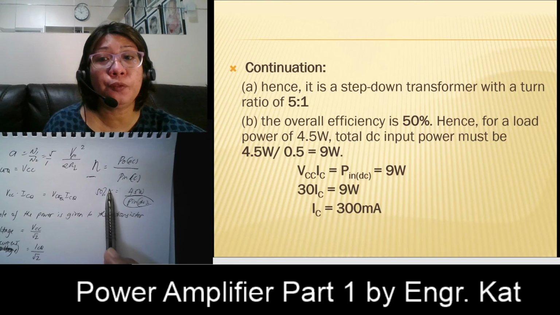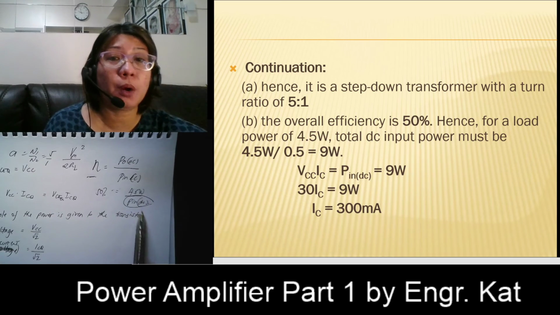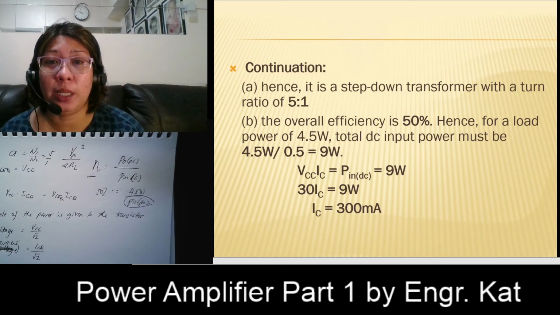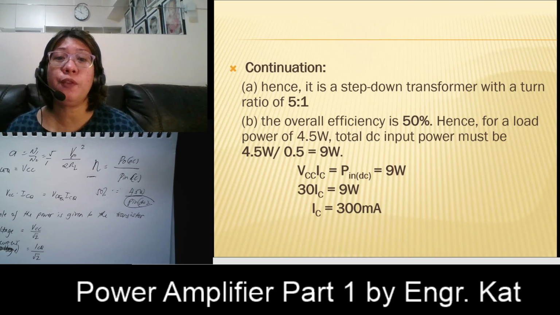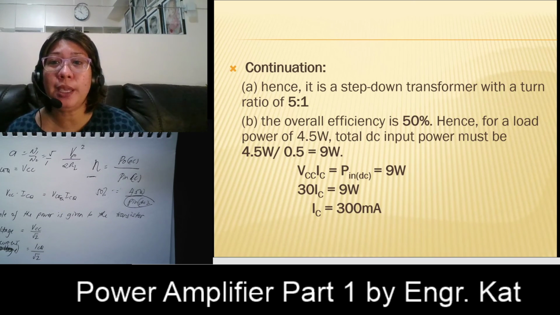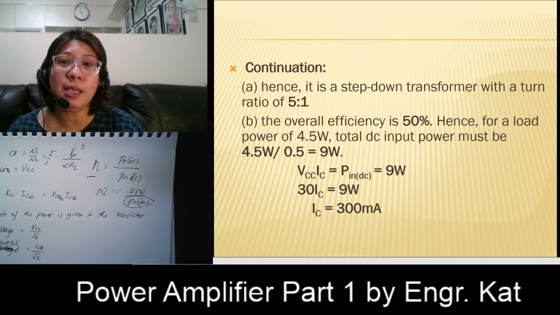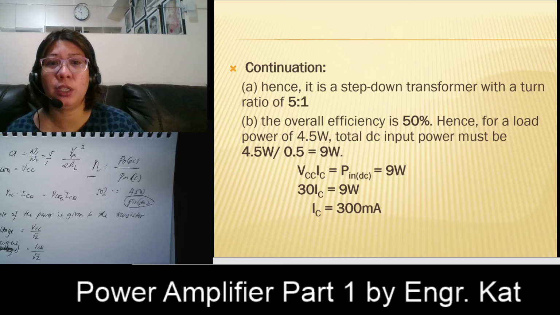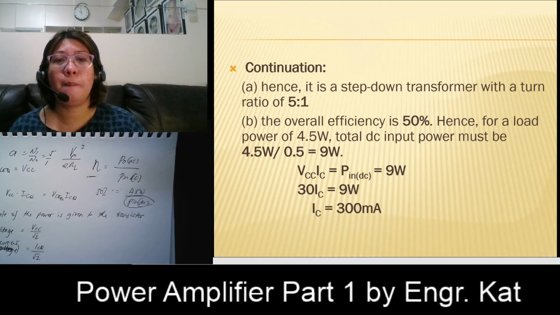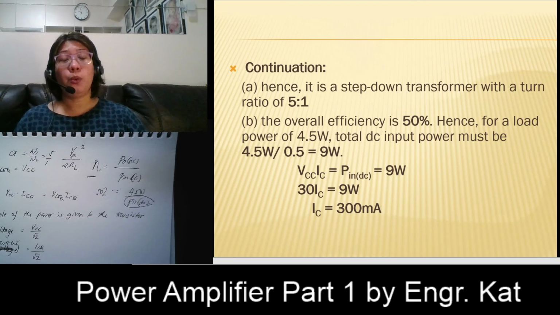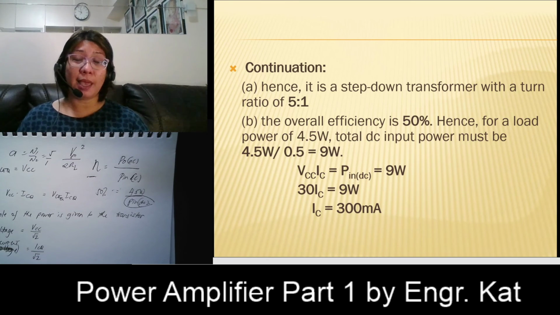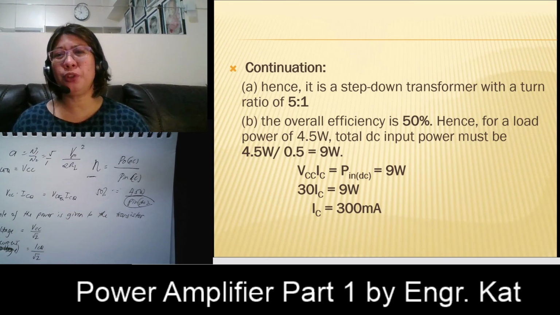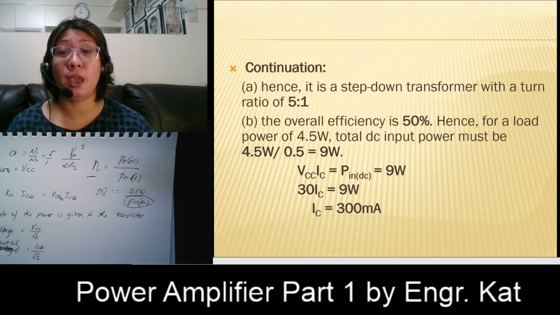If this is 50% and the output AC power is 4.5, we can get the total input DC power, which is equal to 9 watts. Using your VCC equal to 30 and your P in DC equal to 9 watts, we can solve for your collector current, which is equivalent to 300 milliamperes. Actually, we are just using the power formula and the efficiency formula. There is no new formula, just the efficiency.